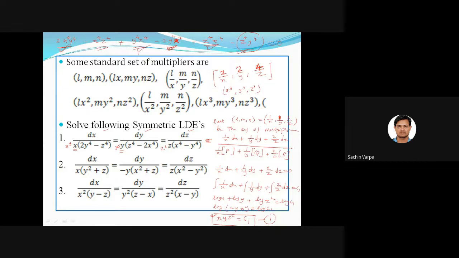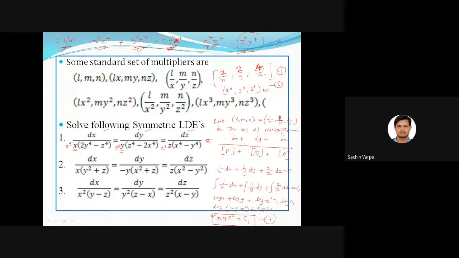Is this clear? So these two sets of multipliers give two different solutions. So with this set of multiplier, x cube, y cube, z cube, what will be my solution? Each of these ratios will be equal to the fourth ratio. And what is my fourth ratio?